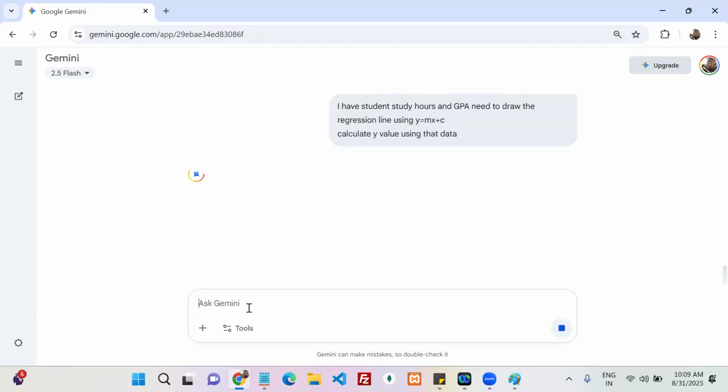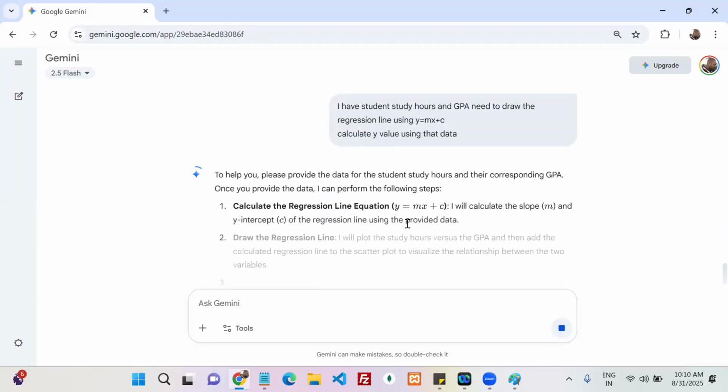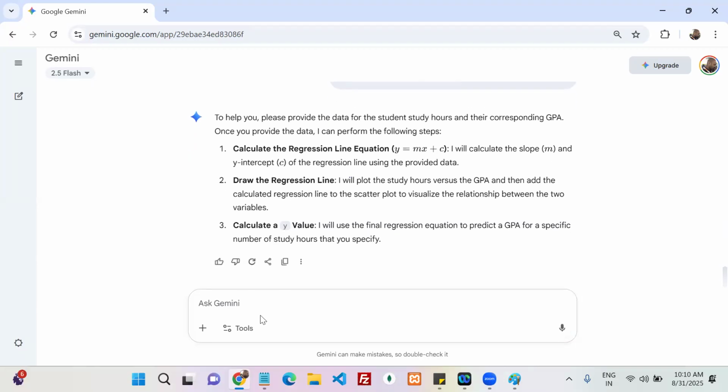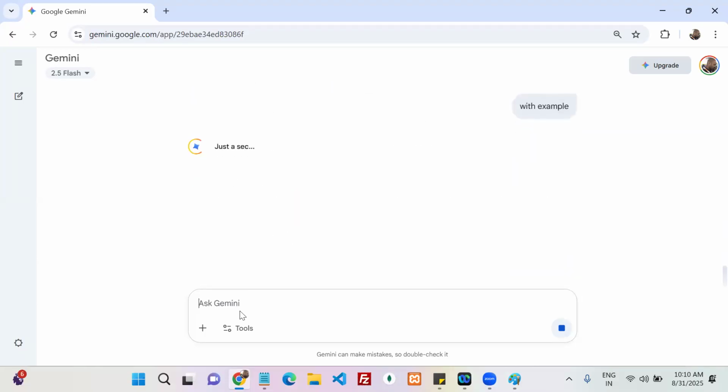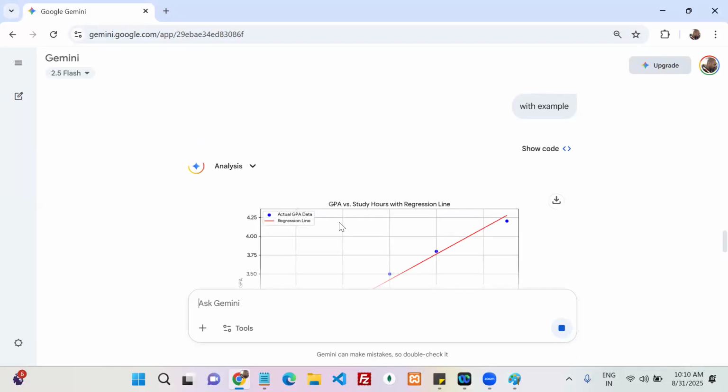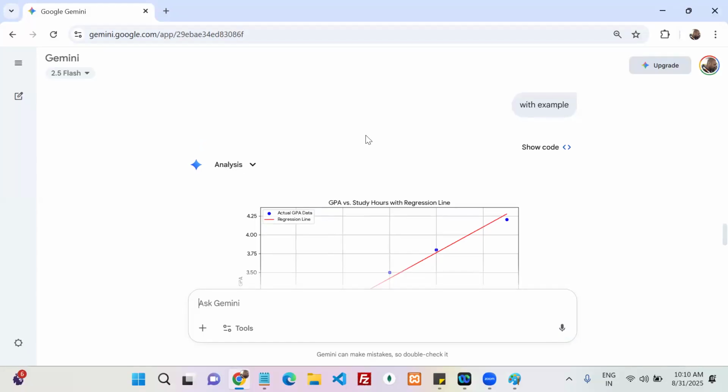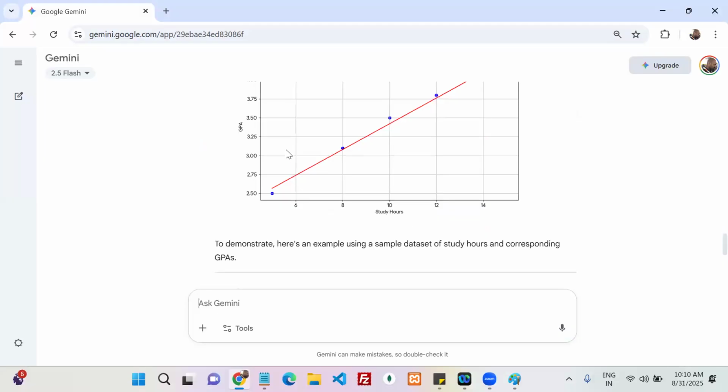Then you can get the y value. Y equals mx plus c. Now just wait. Now you can say this, it has study hours and GPA.